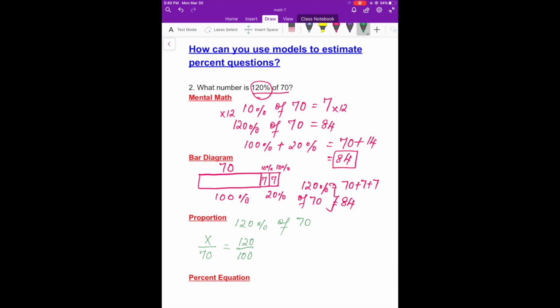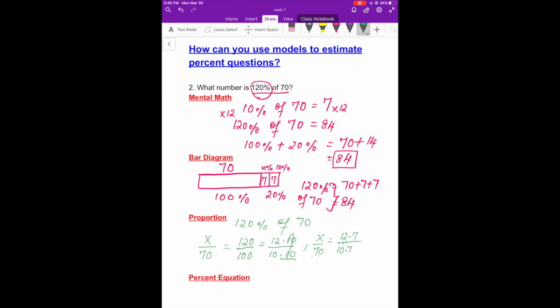Now you can simplify. 120 I can write as 12 times 10, and 100 I can write as 10 times 10. So 10 divided by 10 is 1. So I can get x over 70 is equal to 12 over 10. How do I make the denominator the same? You can take 10 to 70, you can just multiply by 7 on both numerator and denominator, and that is a form of 1.